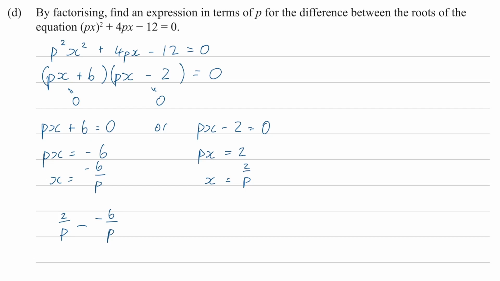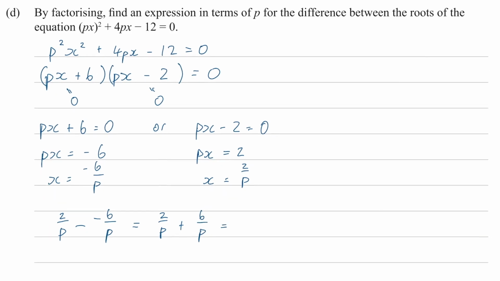When we subtract a negative, that becomes addition, so 2 over p plus 6 over p. Since they have the same denominator, we can just add the numerators, which becomes 8 over p.